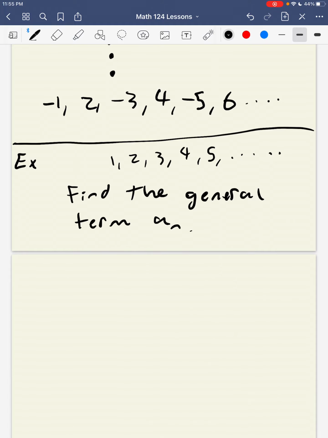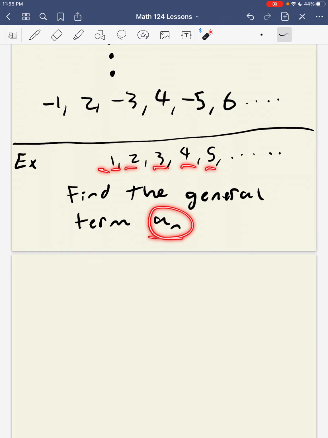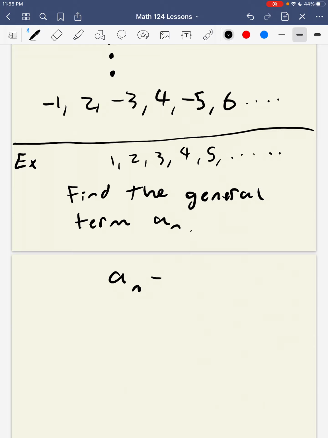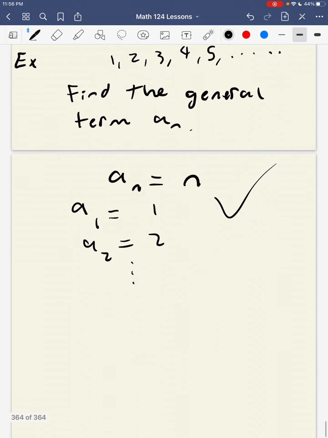If we're given this really easy sequence, 1, 2, 3, 4, 5, it doesn't take too much thought to realize we have an equals n. Just plug in a few values to this formula. Plug in a 1, you get a 1. Plug in a 2, you get a 2. So this one works.